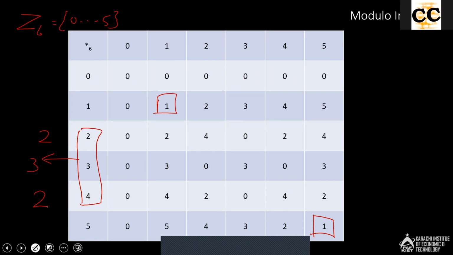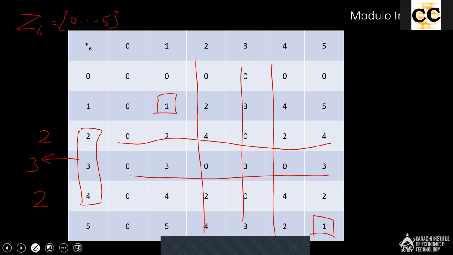So you can see in their columns and their rows that we don't have any ones in them. So we cannot find any multiplicative inverse for these three numbers.